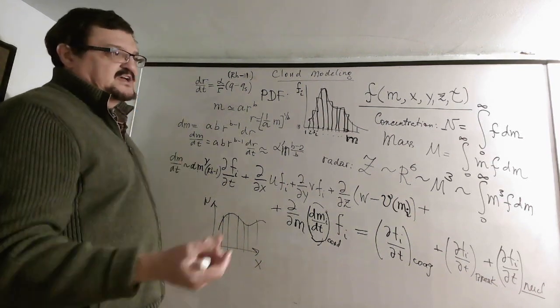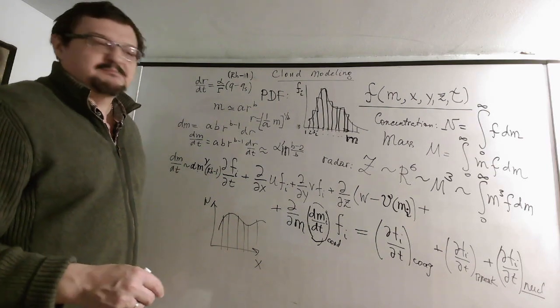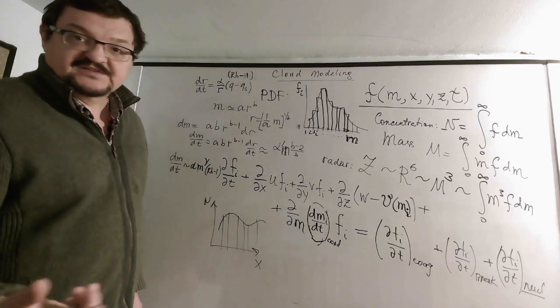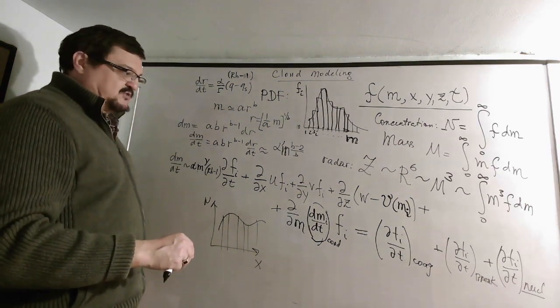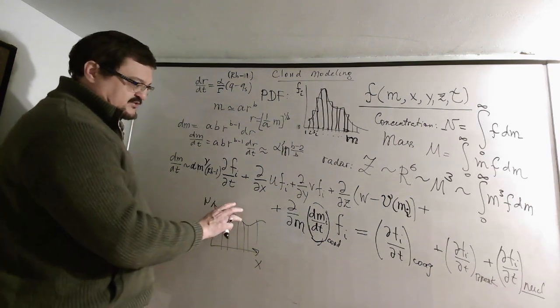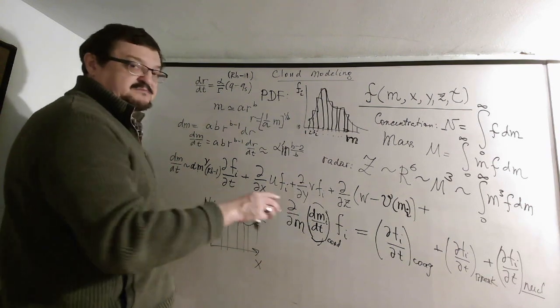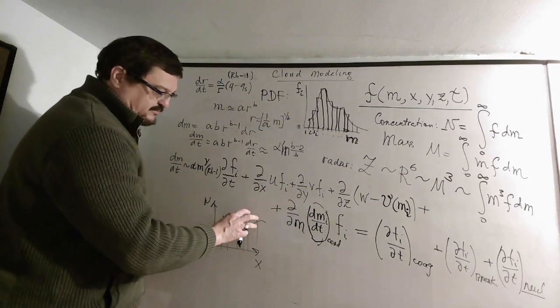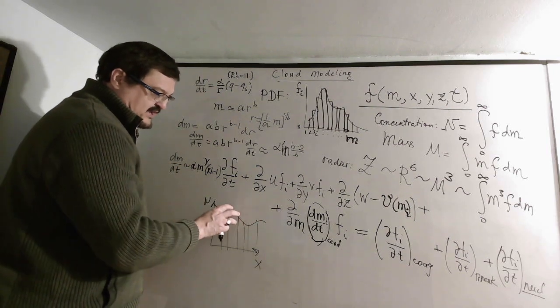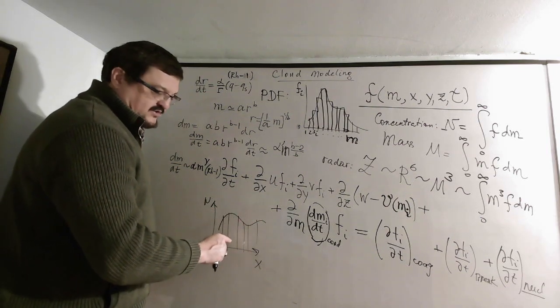You can run at a very large Courant number. So you can use your Lagrangian scheme instead, but then you have this problem: if you move in spectrum space, you can use pure Lagrangian here, because it's just one dimension. You move the whole probability distribution and then you recompute it back into the existing bins.